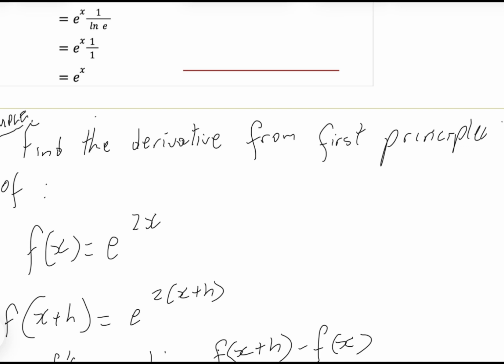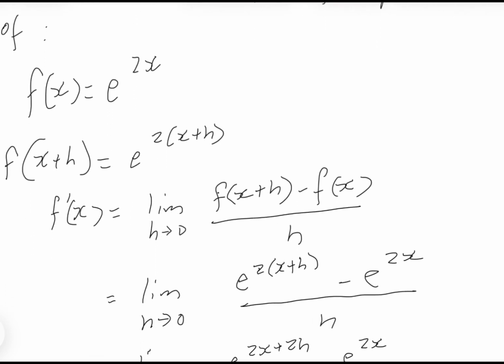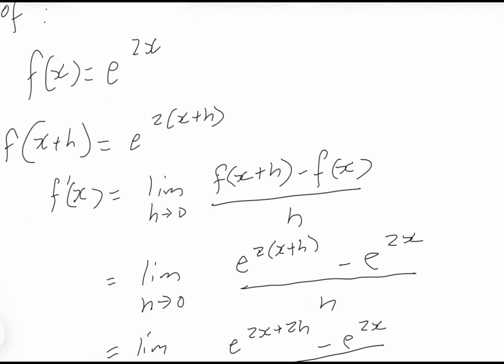All right, so that's our example. Find the derivative from first principles of f of x is equal to e to the 2x. So we start with f of x being equal to e to the 2x.